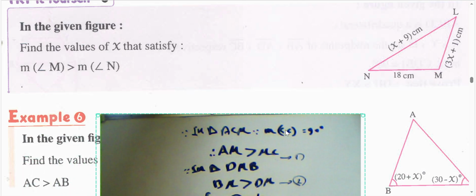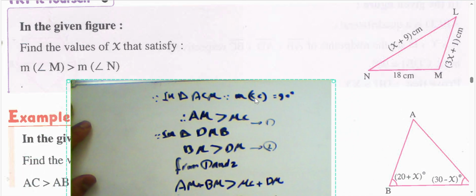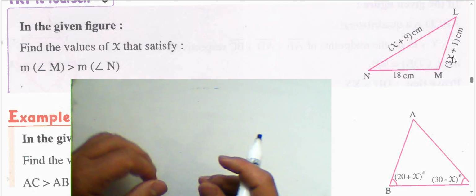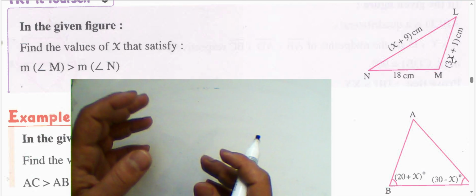We also have two sides in the triangle, and he wants the measure of angle M to be greater than the measure of angle N. Look here, we have 18, x plus 9 and 3x plus 1. Who can tell me the relation here? We have the relation between two sides: the sum of any two sides is greater than the third.